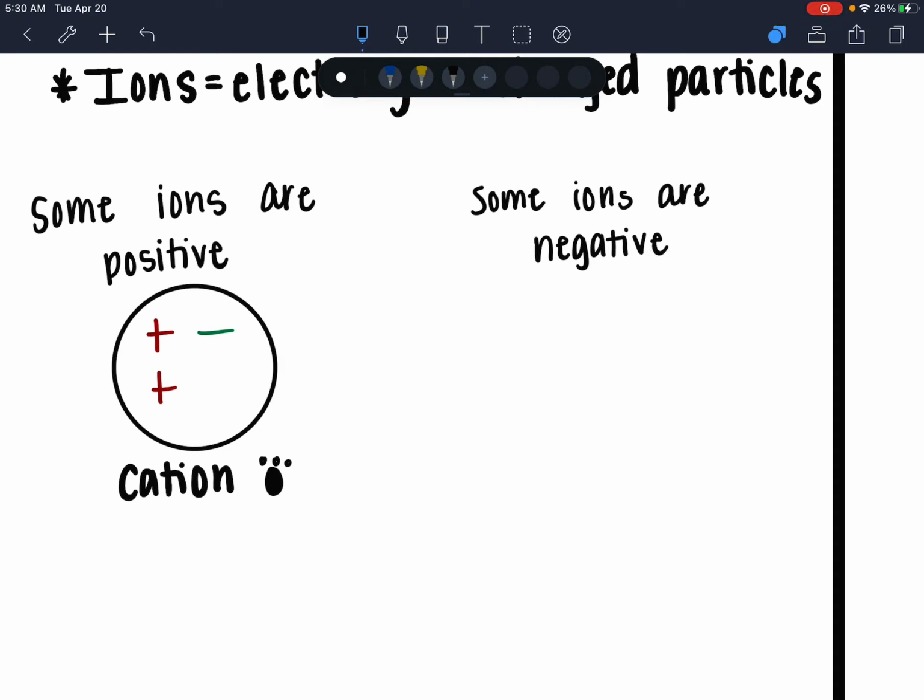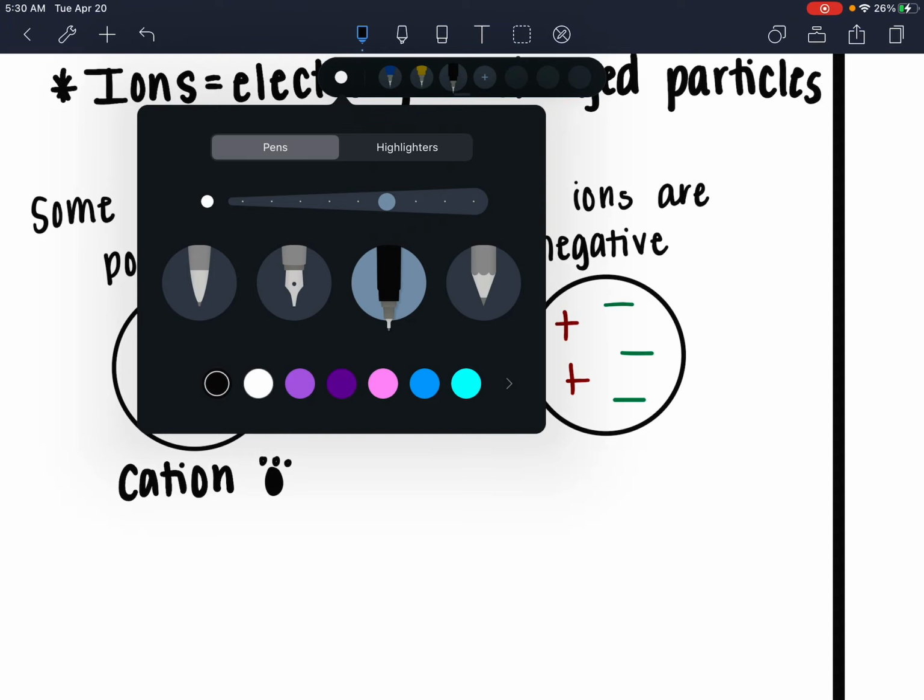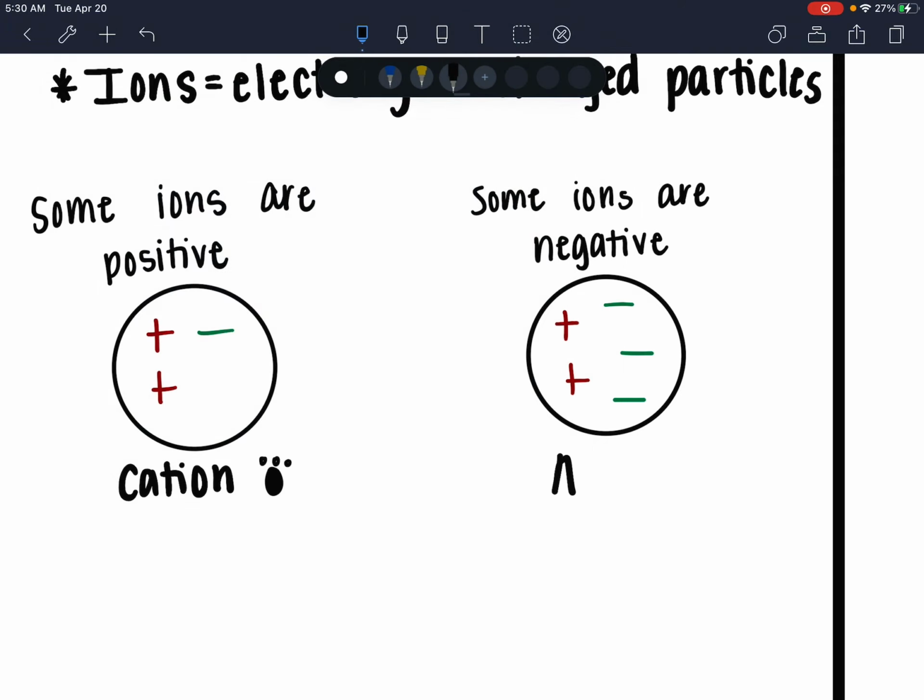And that means that these ions have more negatives within them than they do positives. So perhaps this ion has 2 positives and 3 negatives. Overall, the charge is going to be negative for this ion. We would call this ion that's negative an anion. If you can remember that cations are positive because cats have paws, you should be able to remember that anions must be the only other ion left, which is negative.